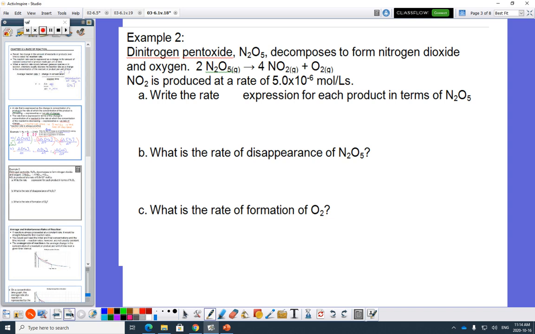So it does say write the rate expression in terms of N2O5. So again, I've told you which one to do. When you're doing this, I don't care which one you pick, but I'll just pick N2O5. So I'm going to start with N2O5. It's a reactant, so its rate of change is going to decrease.